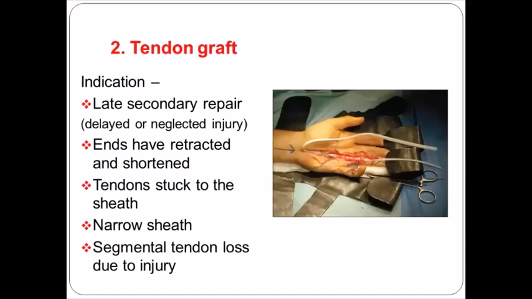Now, this is the second type of surgery, tendon graft. If the first surgery has not been successful, then the second surgery, tendon graft, is usually done. And in some cases, if the injury is in zone 2, where so many structures are involved, tendon graft is the option.